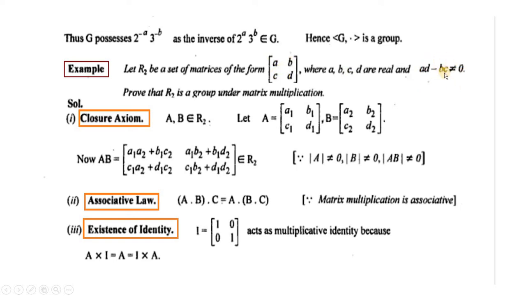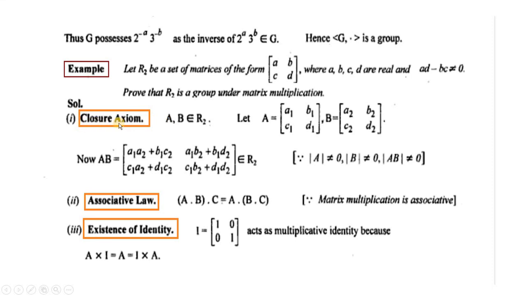If we look at ad minus bc not equal to 0, it means the determinant of this matrix is not equal to 0. If we find the determinant of this matrix, it will be non-zero, or we can say that this matrix is non-singular. So this is the problem. Let R2 be a set of matrices of this form where these elements are real and ad minus bc is not equal to 0. Prove that R2 is a group under matrix multiplication.